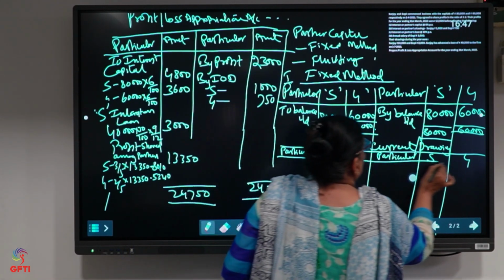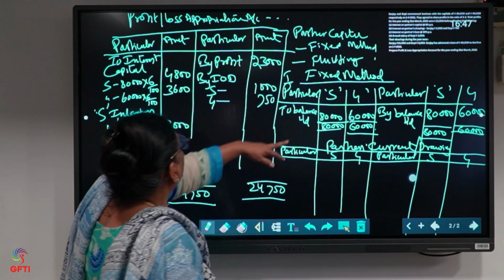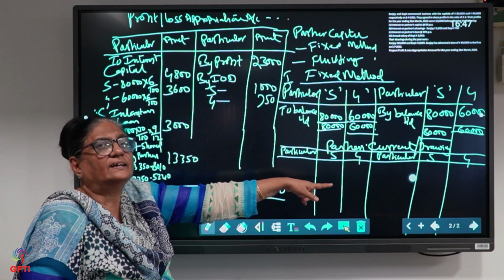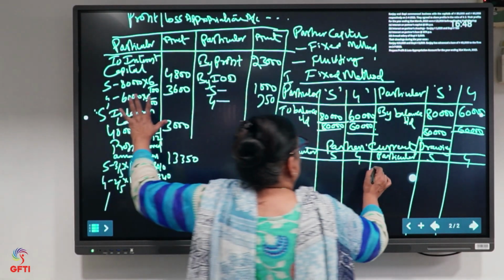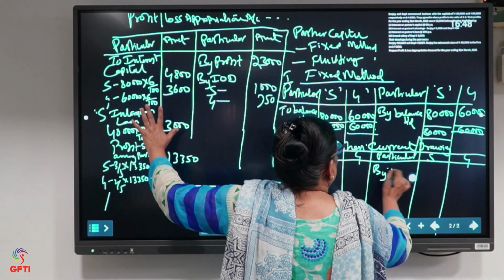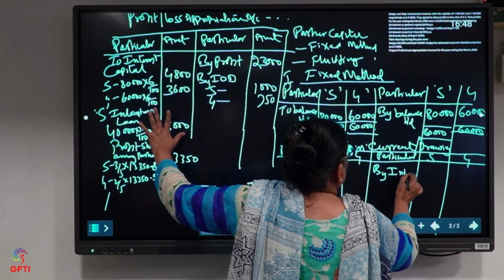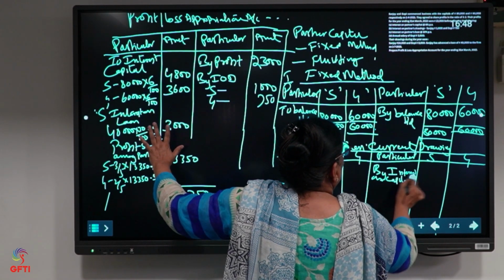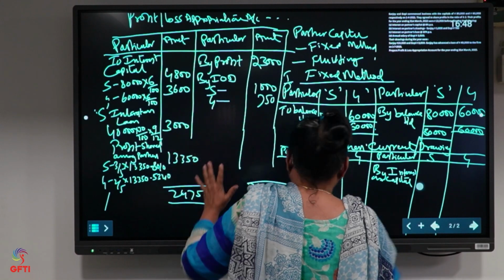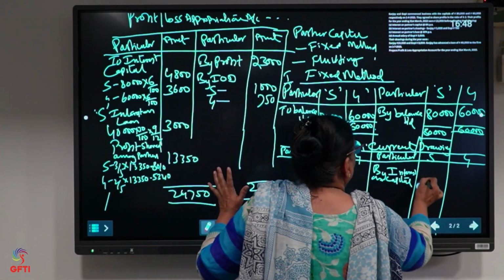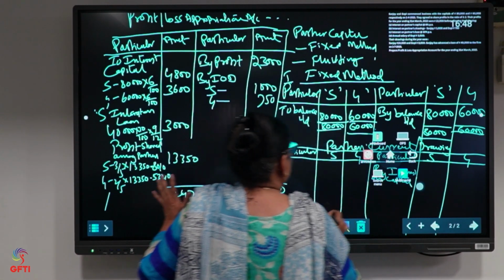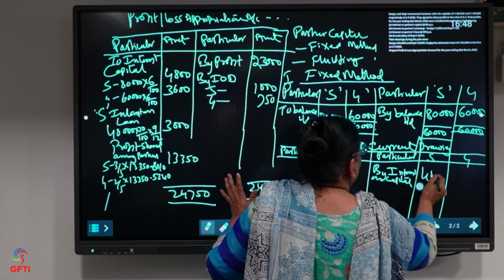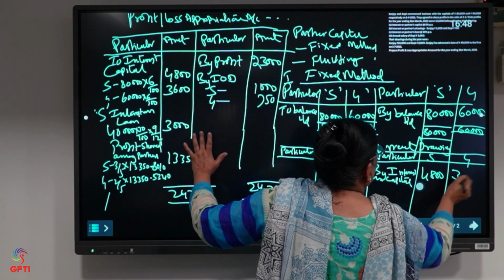Correct? Now what happened? Except for the capital accounts, everything you have debited in the appropriation will appear on the credit side. So please go to the debit side of appropriation: by interest on capital, Sanjay 4,800 and Gopi 3,600.